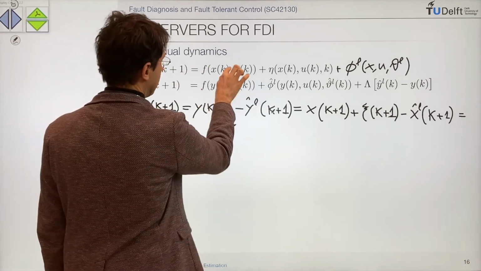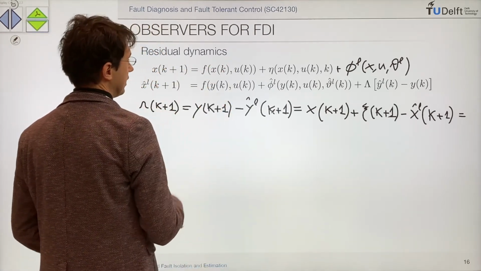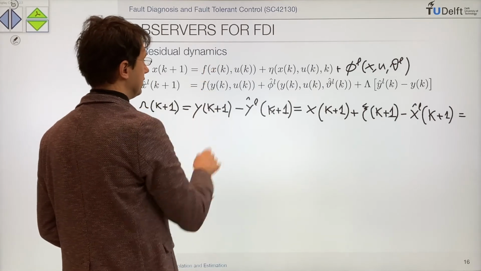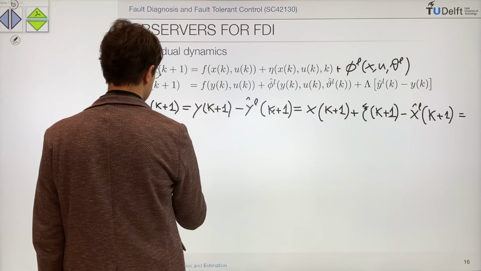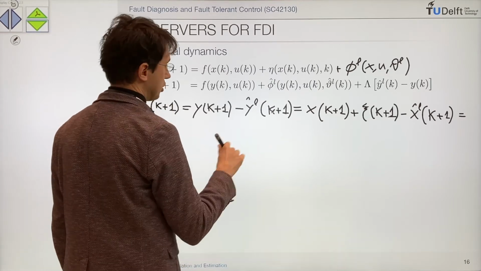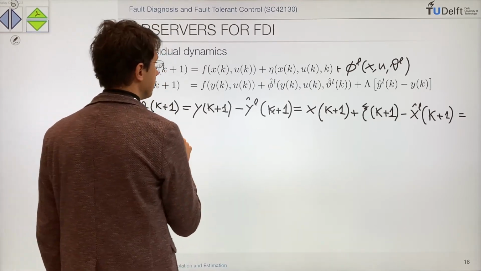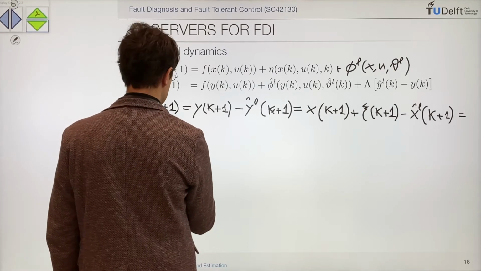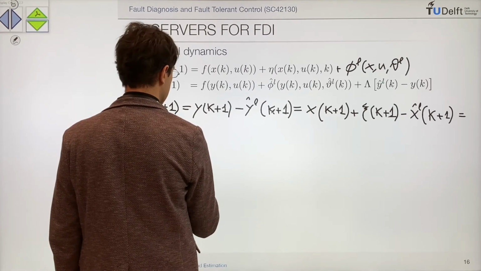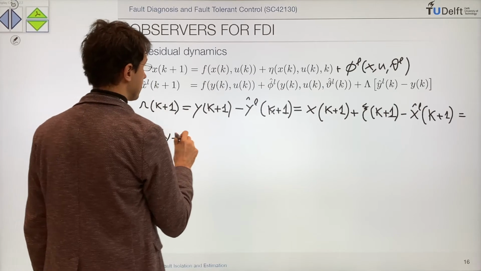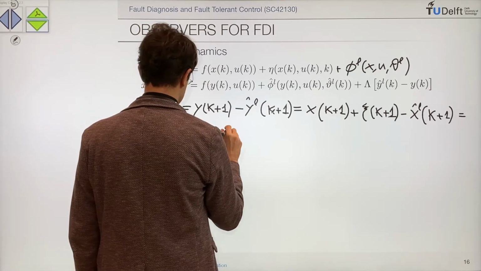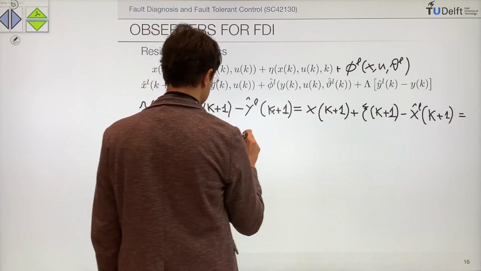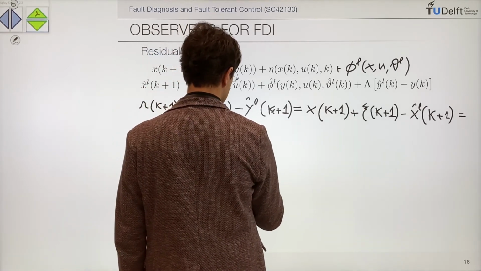So we have f minus f, but it is computed with different arguments, so we can't simplify that. Let me drop the indexes here now. We have f computed with y minus xi, so x is equal to y minus xi, and u, minus f applied to y, the measurement, and u.